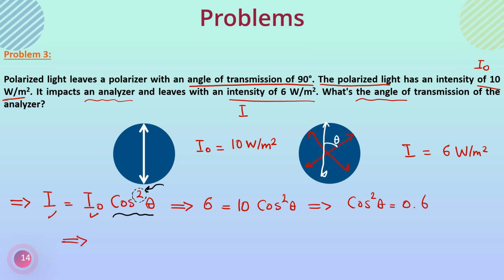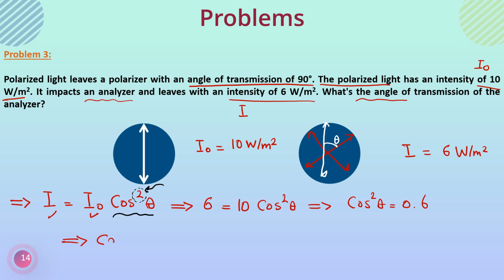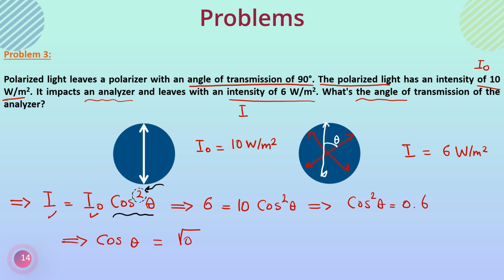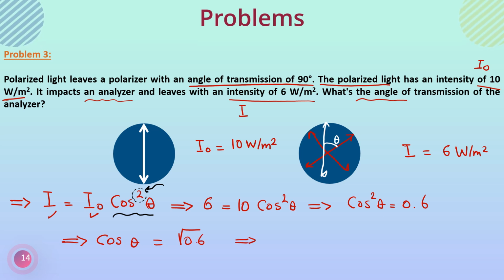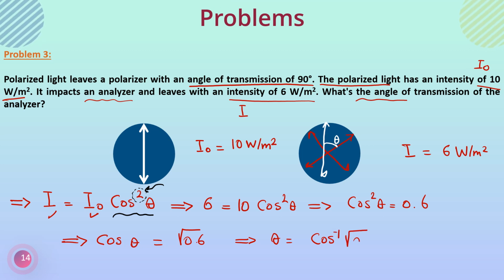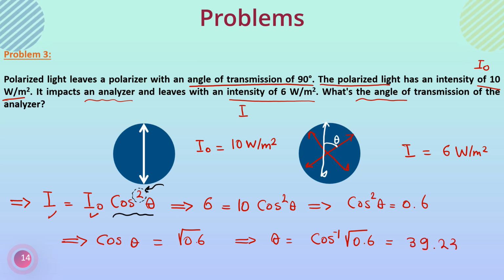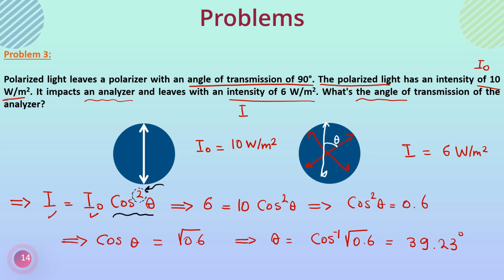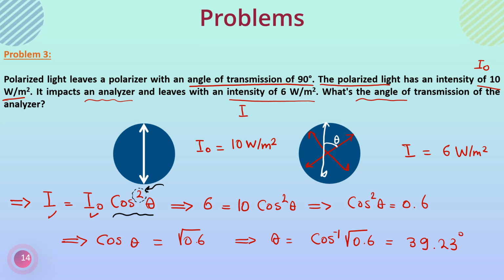The square root of cosine square theta is just cosine theta, and it's the square root of 0.6. To find theta, we take the cosine inverse. So theta is cosine inverse of square root 0.6, and using the calculator, the answer is 39.23 degrees.